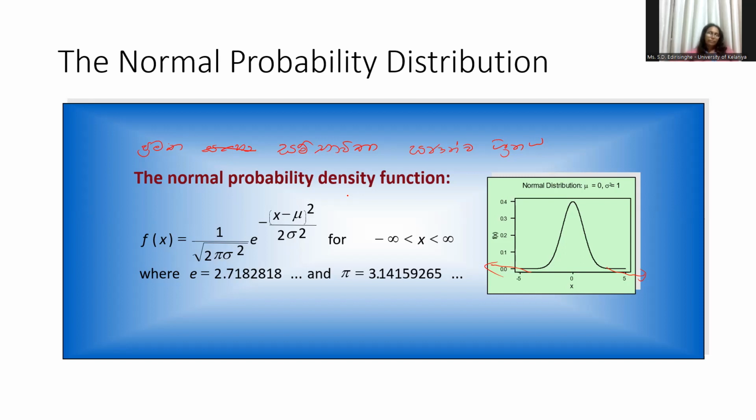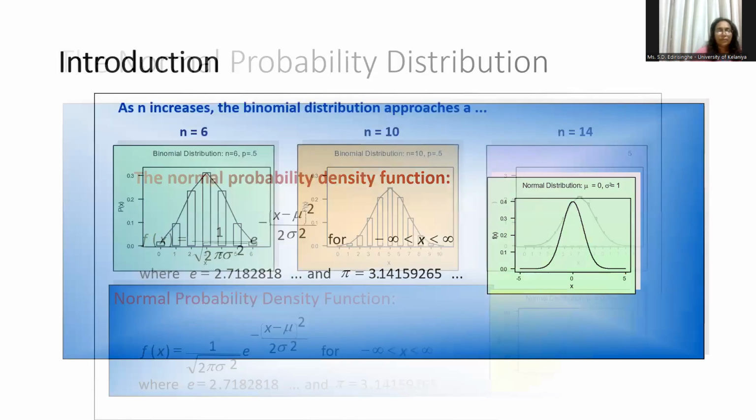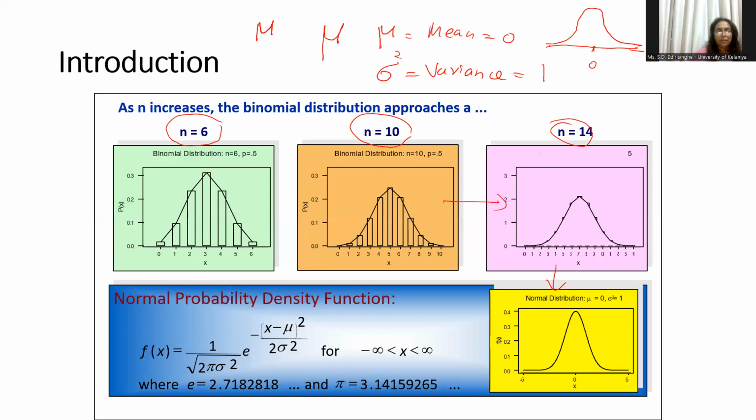Okay, right. You can remember these things, no? As n increases the binomial distribution approaches a bell-shaped curve. The normal distribution formula you have right now produces a smooth bell-shaped curve as shown in these figures.